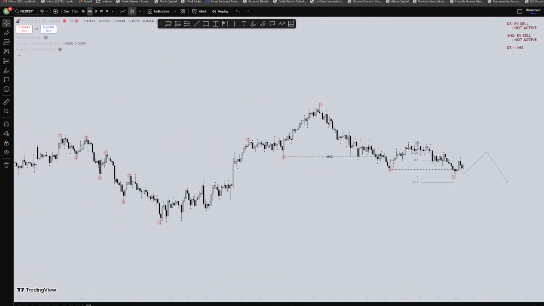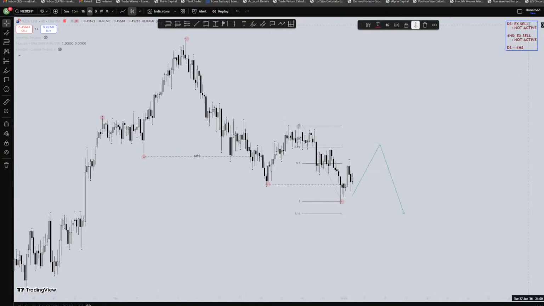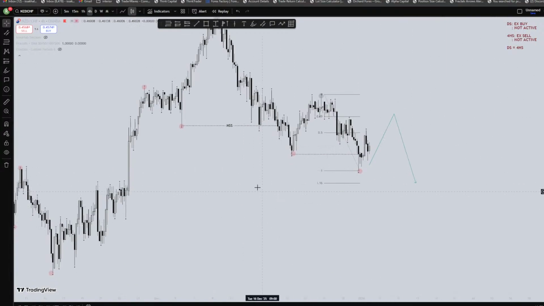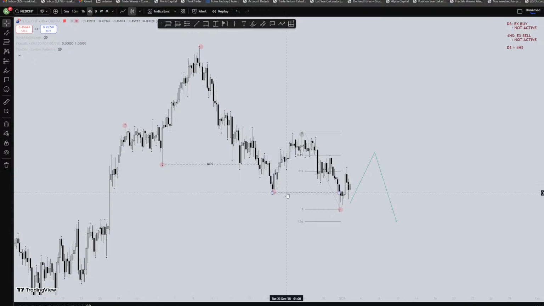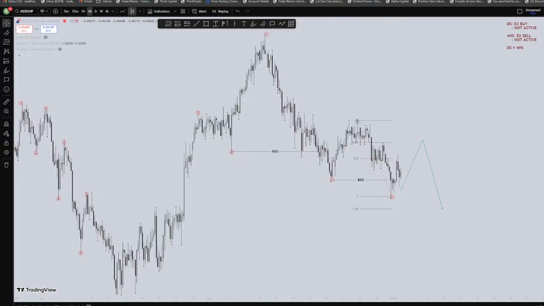So that's all. Still need to ride it lower. So this is BS. Once the BS has been confirmed, here we are waiting for price to.